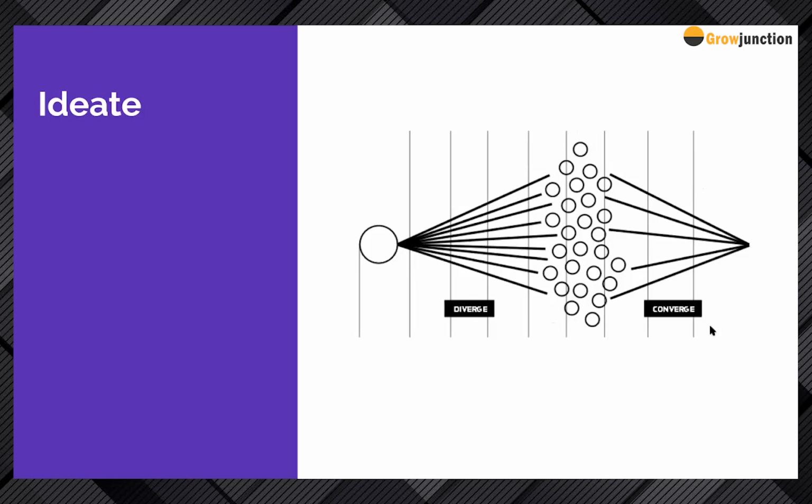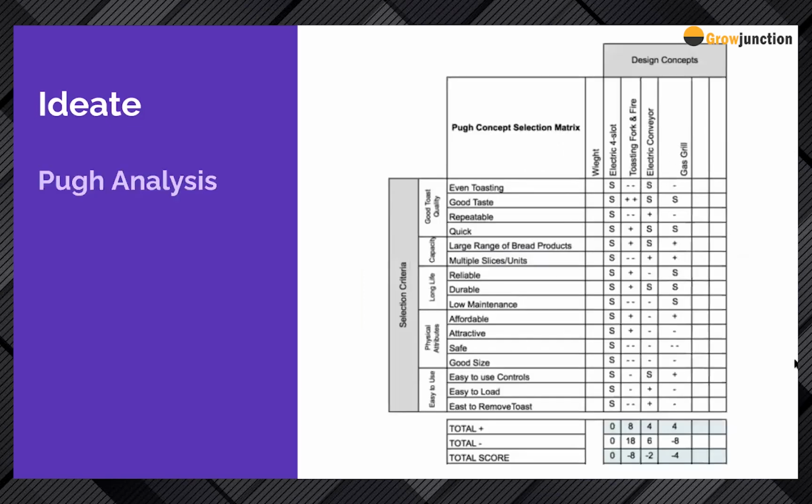Now, to converge to the required solution which we will be working on, we can do some kind of matrix analysis, where we write all the alternatives in, let's say, a column, and then we write all the criteria on which these alternatives need to be evaluated in rows, and then we provide each with a score, and as per the total score, we see which of these alternatives will provide the maximum result.